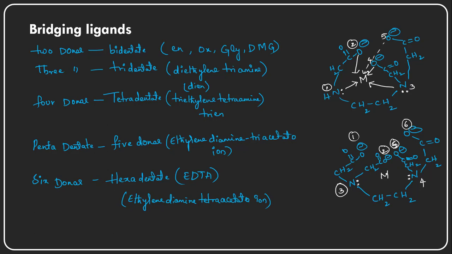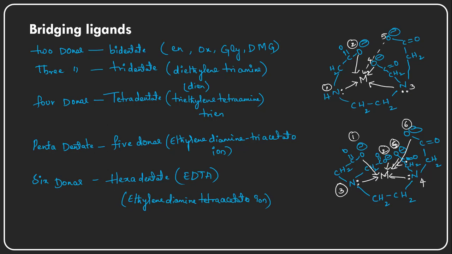So to the central metal cation, a single EDTA can form 6 bonds.